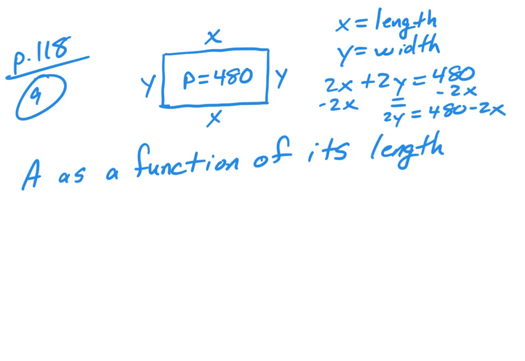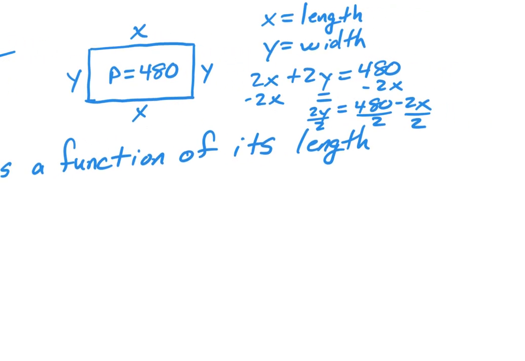And then we're still trying to get y by itself. So I'm going to divide by 2, and when I divide by 2, I'm going to divide everything by 2, all the way across. So here, 480 divided by 2 would make 240.